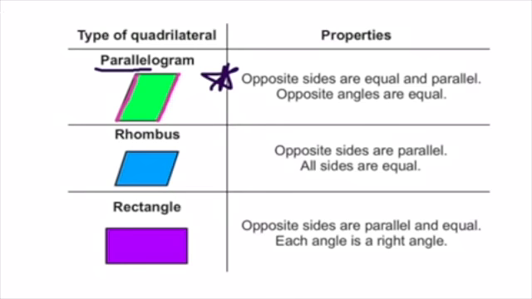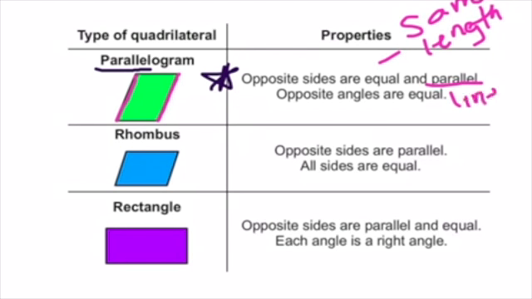They're equal, meaning they're the same size or the same length, and parallel, which means that they line up with each other. So they are perfectly lined up, and if I didn't have the rest of the shape there, you can see that, yeah, they are lined up perfectly. So that means they're parallel.